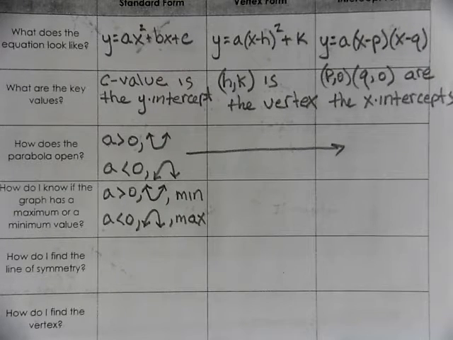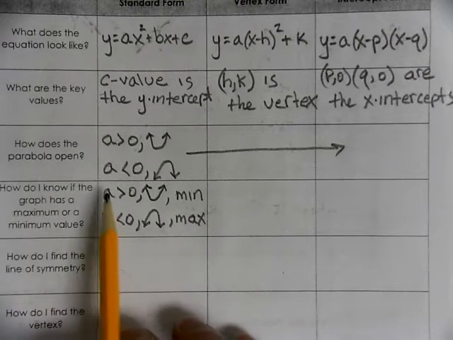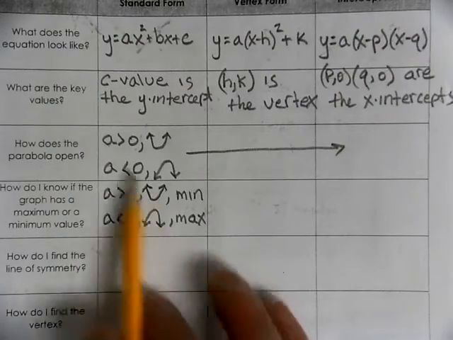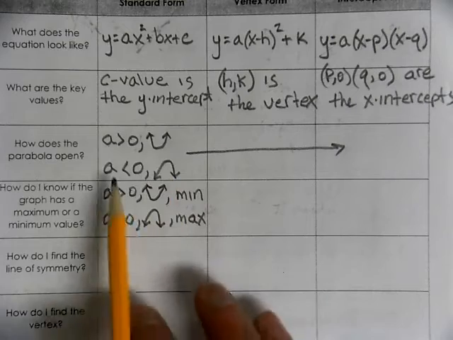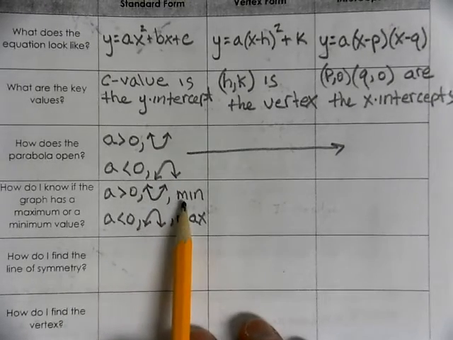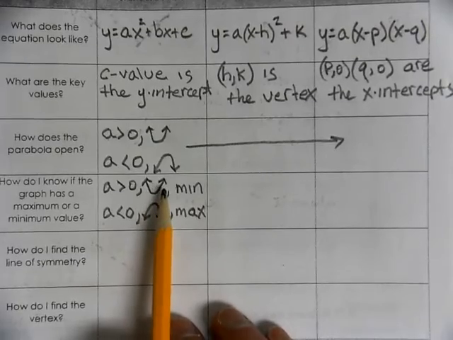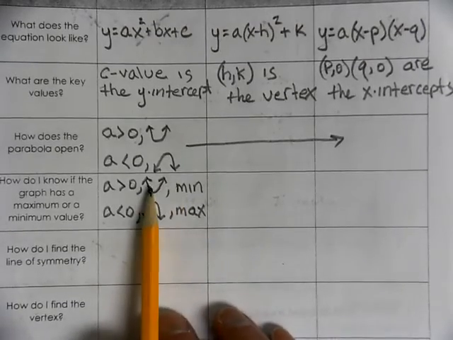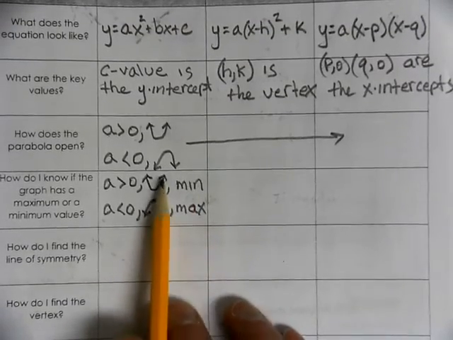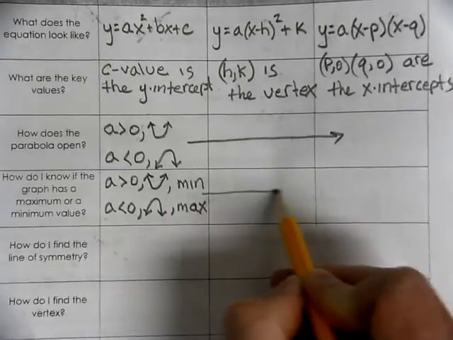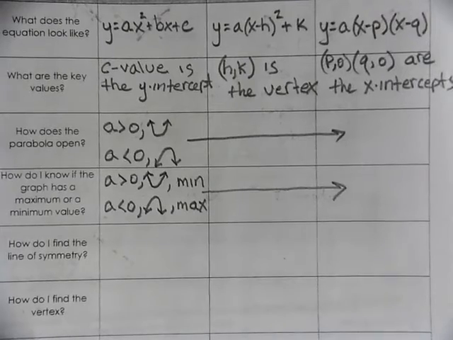So it might be opposite of what you think. If you think that a is positive, positive meaning big, yes, the graph goes big. It goes big forever, so you can never get to a high point. It goes up forever, so it's going to have a low point. There's a minimum value that can happen when a is positive. And that's the same for all three types.